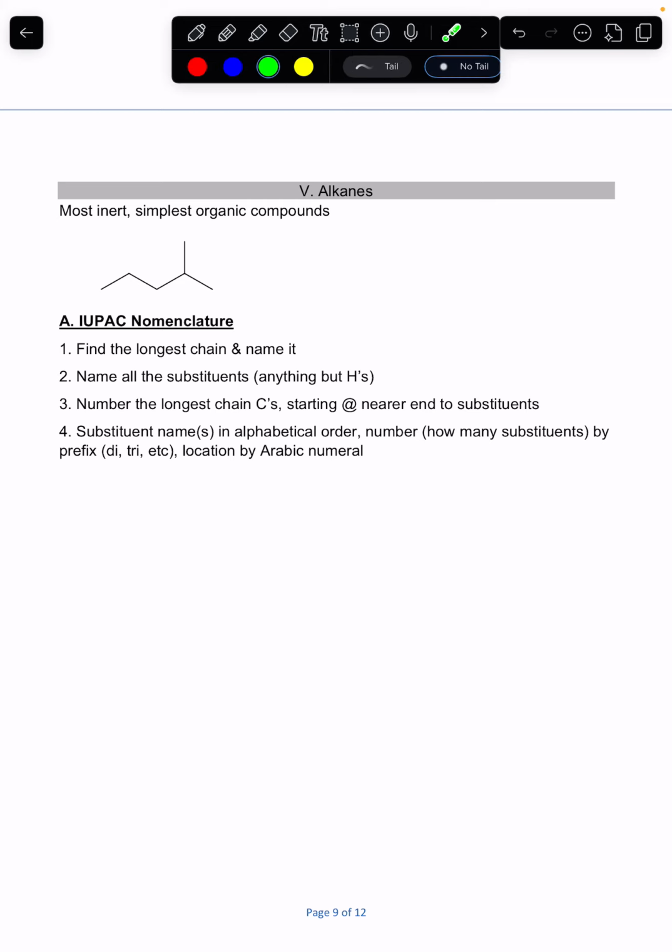What are the procedures for naming things? First, you want to find the longest chain. In this case, 1, 2, 3, 4, 5 carbons is the longest chain in this molecule. When you have 5 carbons, 5 in Greek is of course penta, and so this is called pentane.